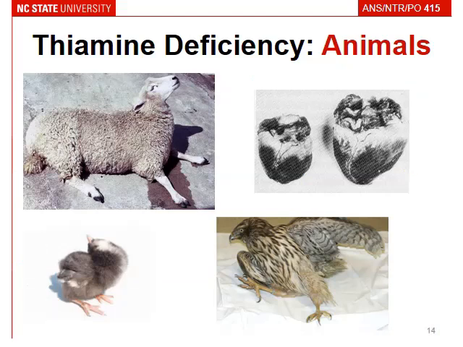So here we have a ewe that is deficient in thiamine. You can see that she's just lying there with her head up. It looks like she's admiring the stars. So she has stargazing.